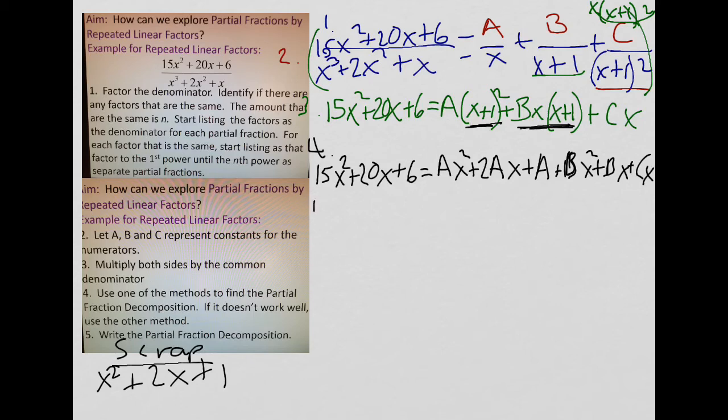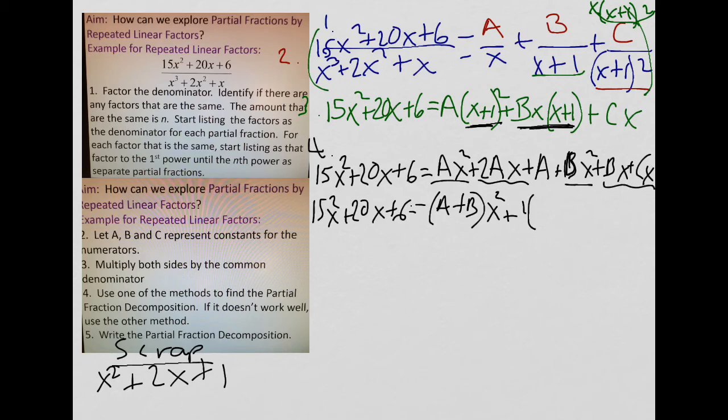So let's combine like terms. I'm going to regroup this a little. So A and B are being multiplied by x squared. And we have 2a multiplied by x as well as b and c. Let me try a better parentheses there.